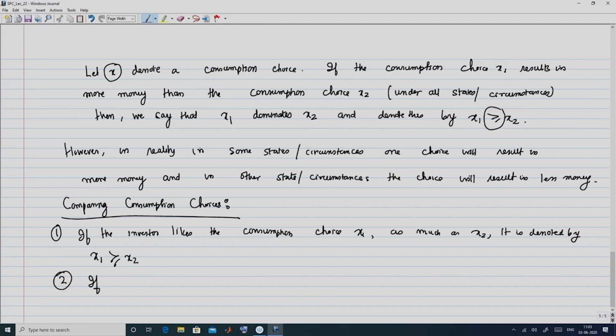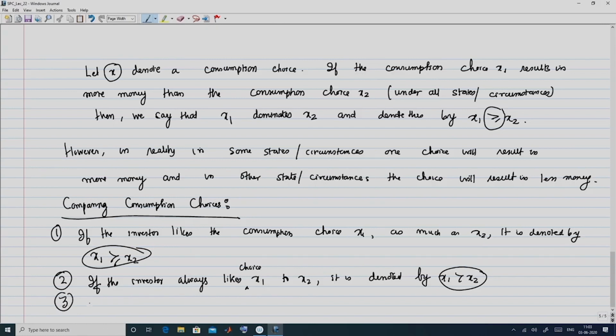Secondly, if the investor always likes choice x1 to x2, it is denoted by this notation.